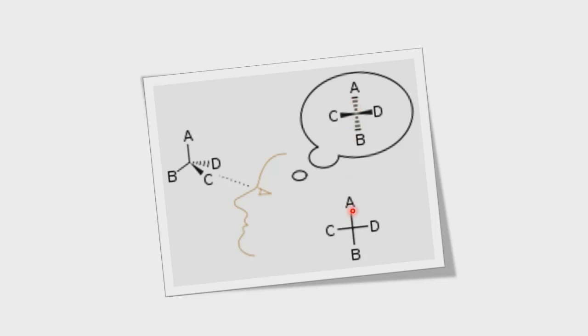So they are projected as the vertical line in a Fischer projection. If we look at this structure, B and A are directed away from the viewer, towards the page.